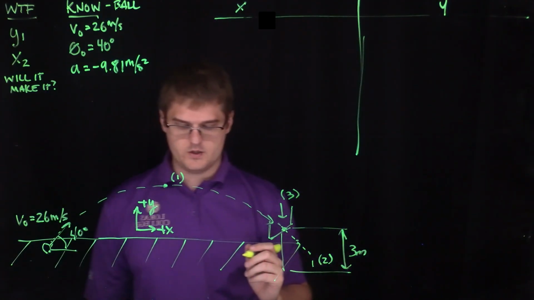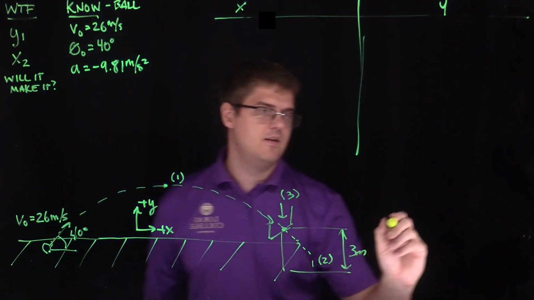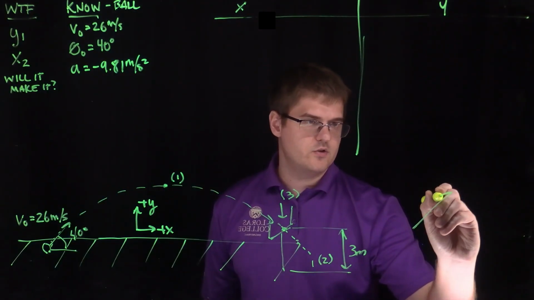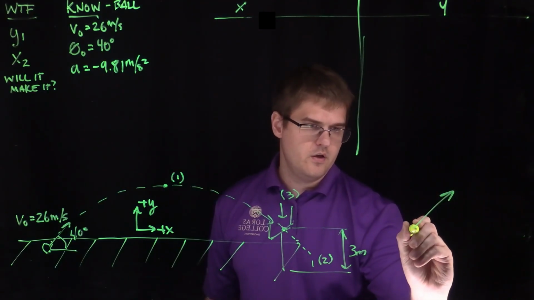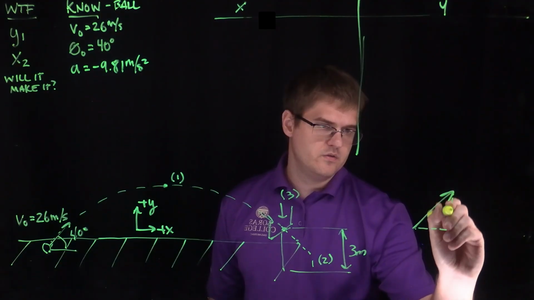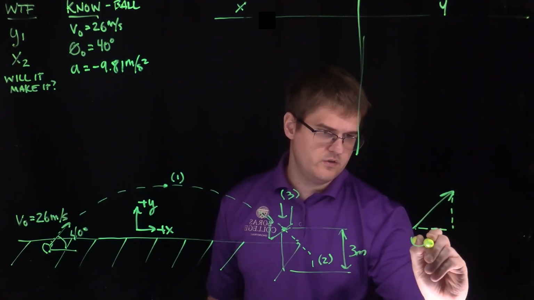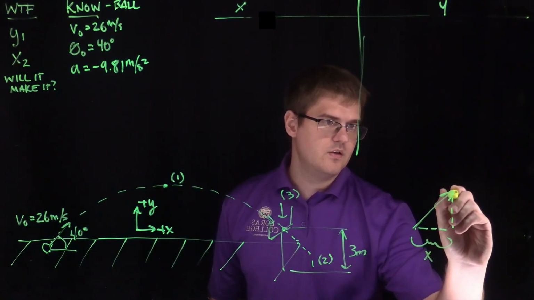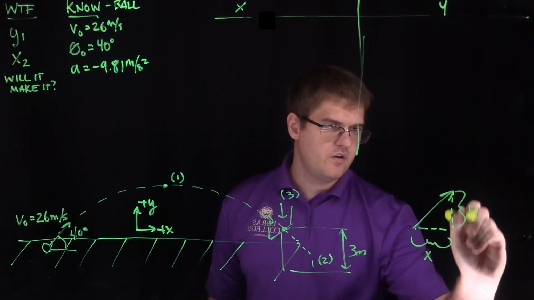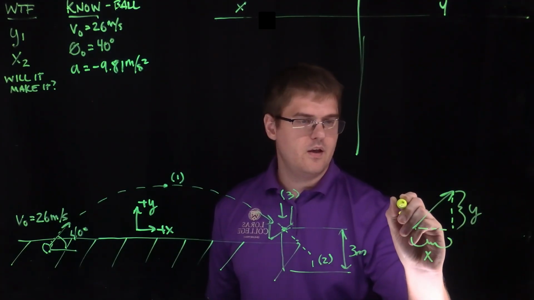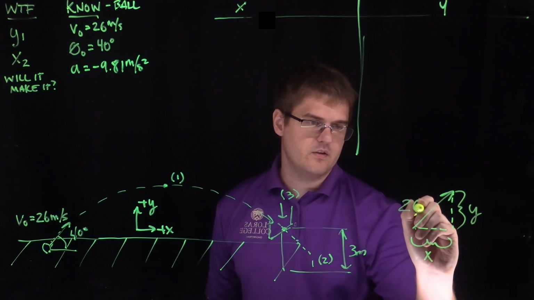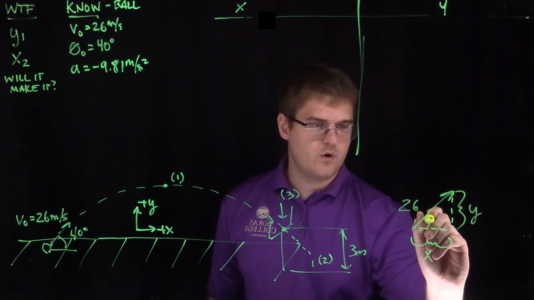So, in order to get my velocity in the x, I'm going to draw my kick here. This portion is my x. This portion is my y. And I'm going 26 meters per second, and this is 40 degrees.